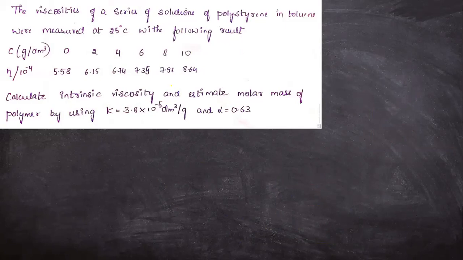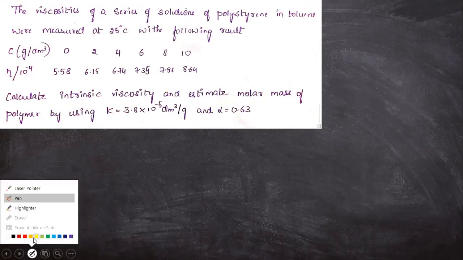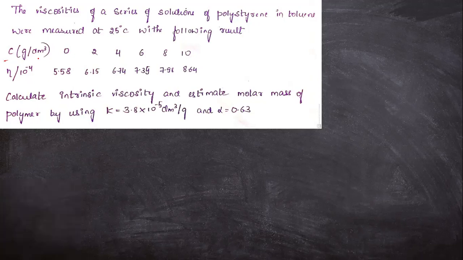The viscosities of a series of solutions of polystyrene in toluene were measured at 25 degrees Celsius. They have given concentration values and viscosity of solution. We need to calculate intrinsic viscosity and estimate molar mass of the polymer using K and alpha.